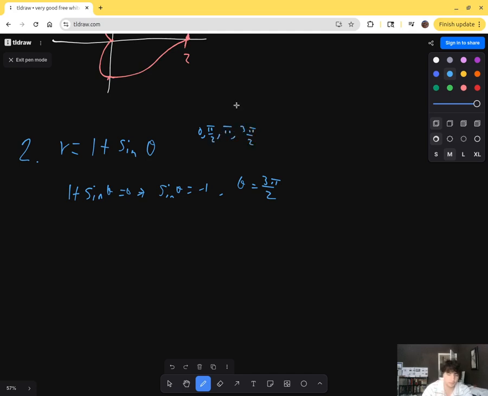I don't know why I forgot. Okay. Sine of 0 is 0 plus 1 is 1, so we have 1, 0. Pi over 2 is 1, so we have 2, pi over 2. Pi is 0, 1, pi. And then 3 pi over 2 is negative 1, so 0, 3 pi over 2. And we can graph that.